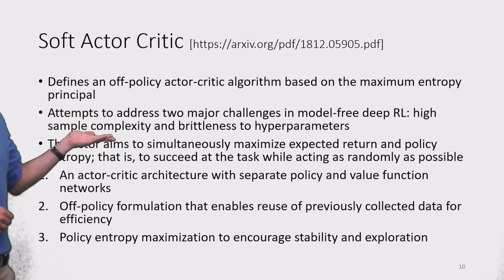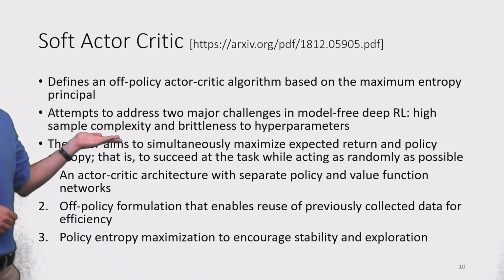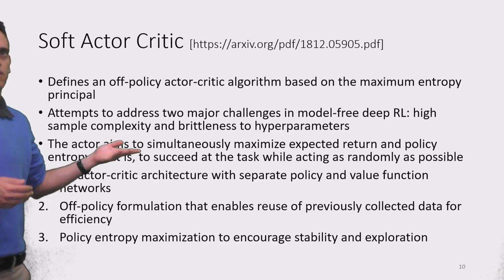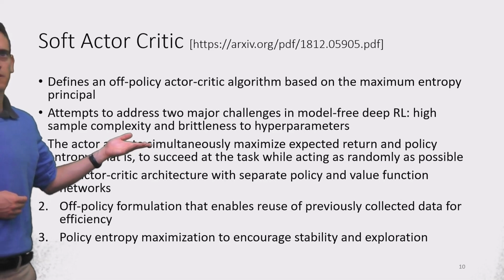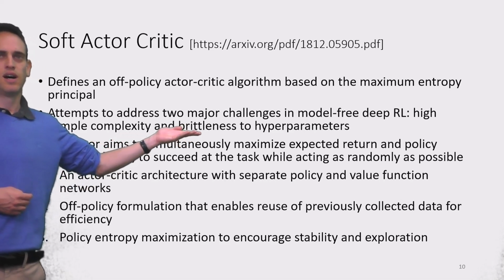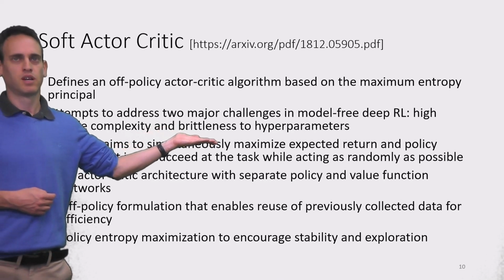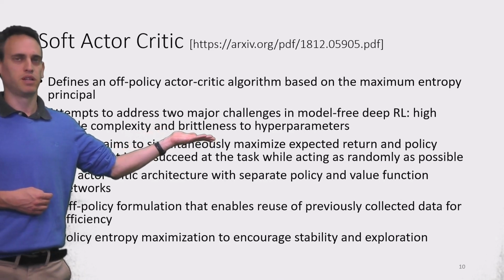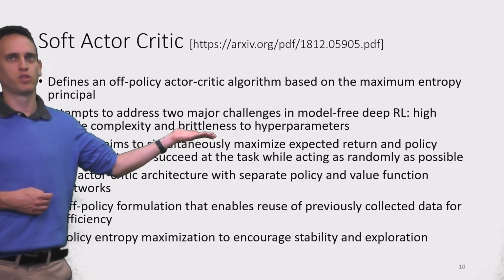Most RL algorithms require a lot of samples from the environment in order to improve the performance and eventually converge on good performance. And also, most of the algorithms are in danger of instability and divergence in learning. Right? The performance is very brittle to the hyperparameters.